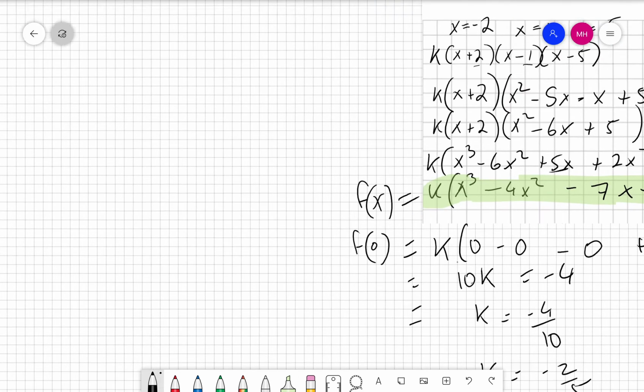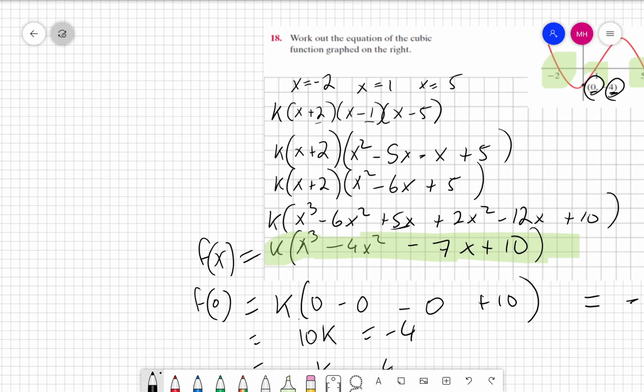Now, a quicker way to do the question. It's perfectly alright to provide your function in this format here.